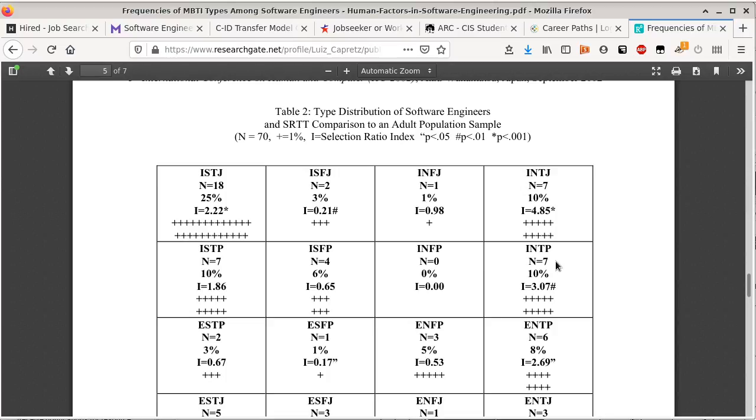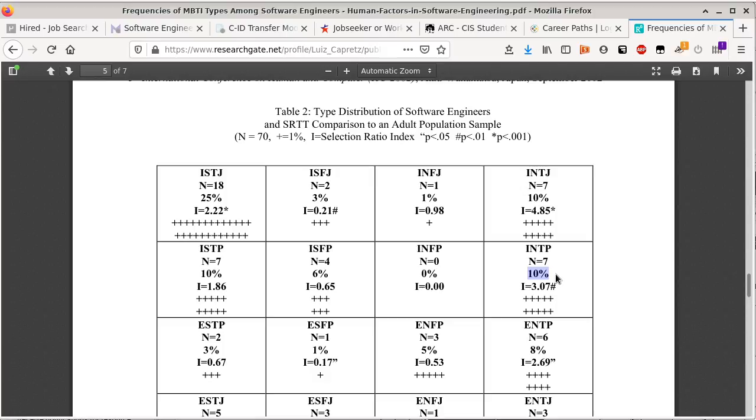So you can see that, right here, INTP, even though in the general population they only comprise about 3%, within the population of software engineers, 10% of software engineers are INTPs.